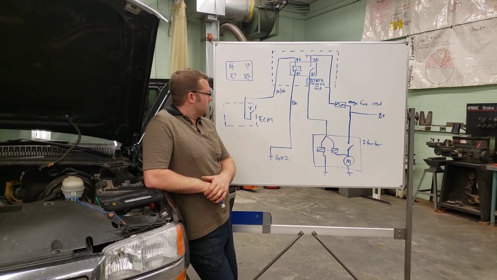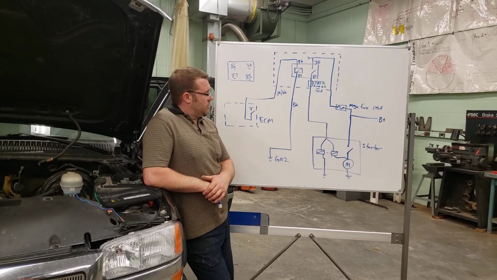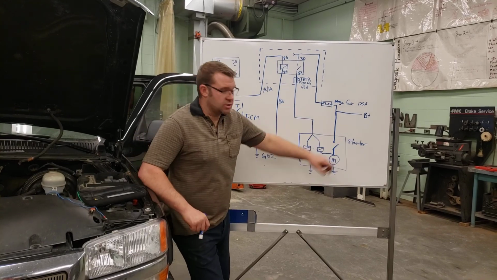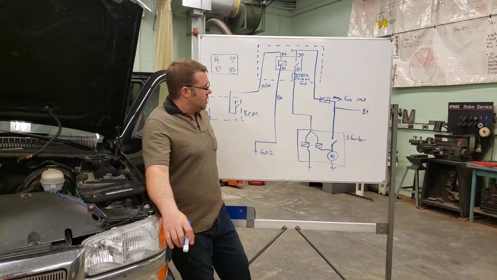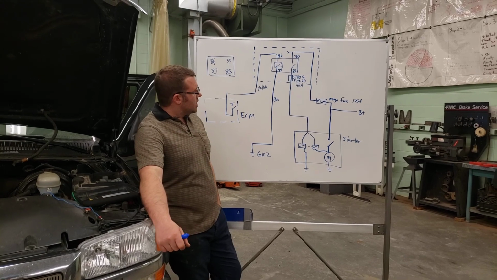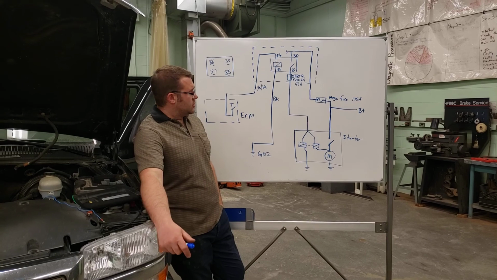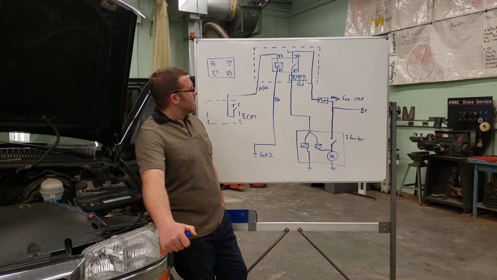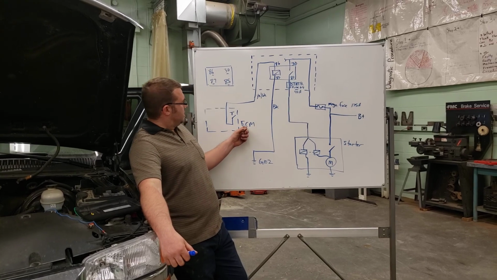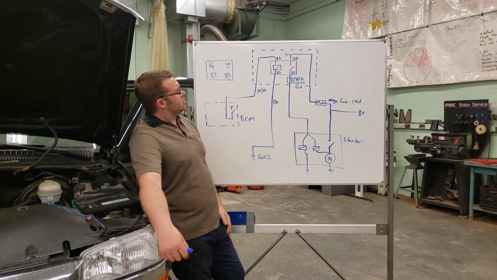Then I like to look at components. What are we actually running here? Well, we see the symbol for a motor, and it says starter beside it. So this is the starter circuit we're looking at, and it looks like the only major output we're controlling is a starter. Then we've got some other modules working here. We've got an ECM, electronic control module, that's controlling part of the circuit.